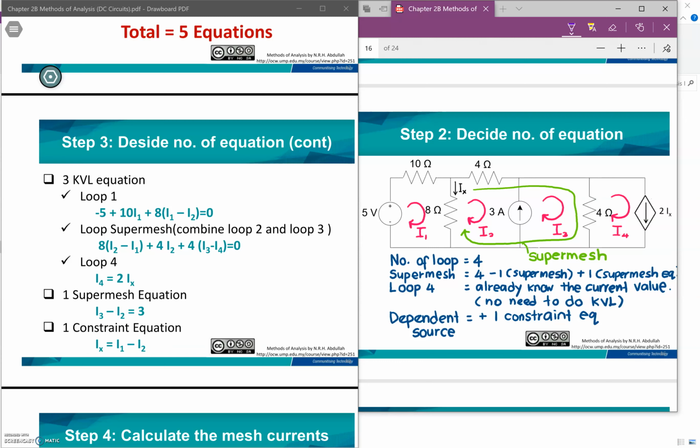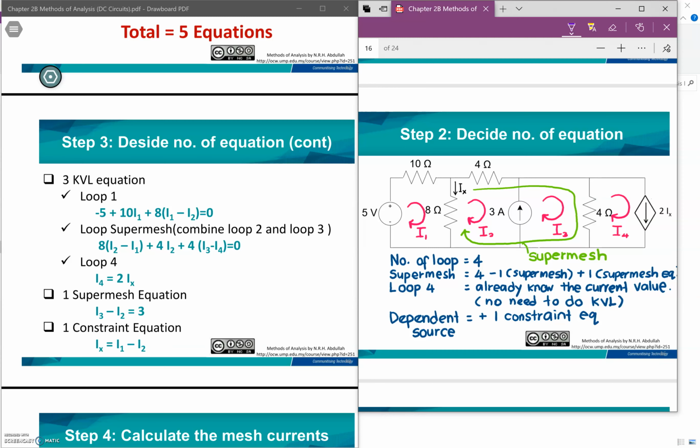When comparing side by side with the circuit, you can see that for the first loop I1, as shown here, first is minus 5 volt. You can see that there is a minus here.